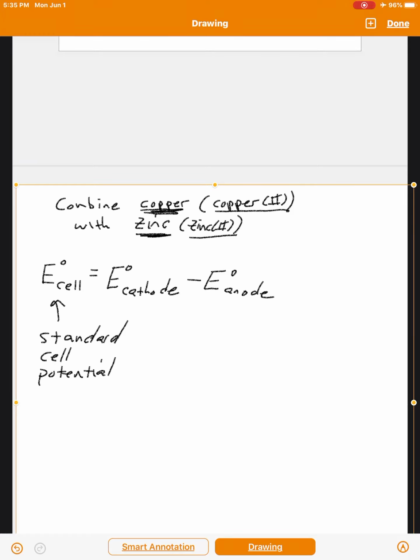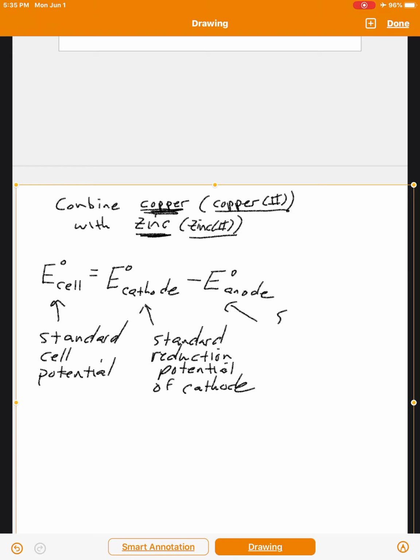Okay? This is the standard reduction potential of the cathode. Okay?